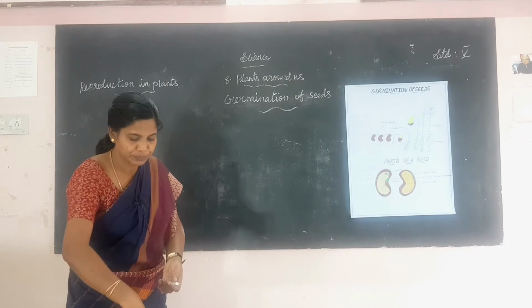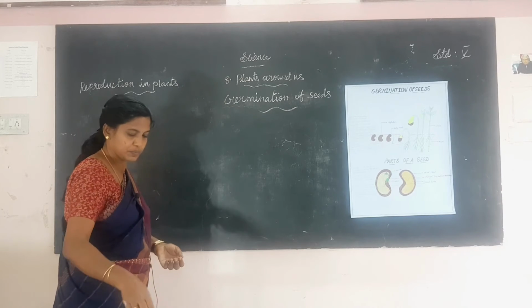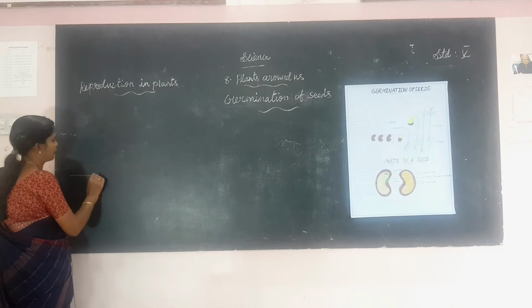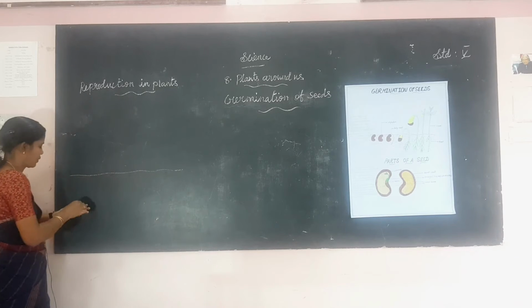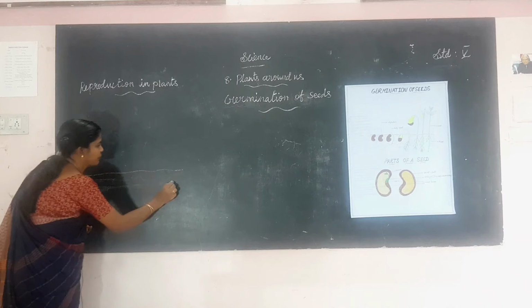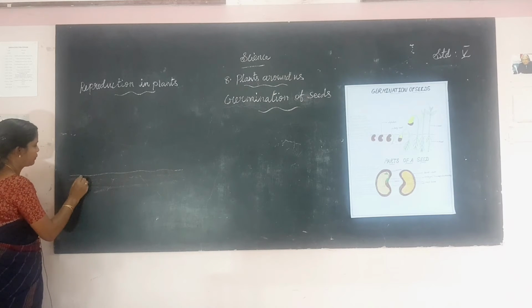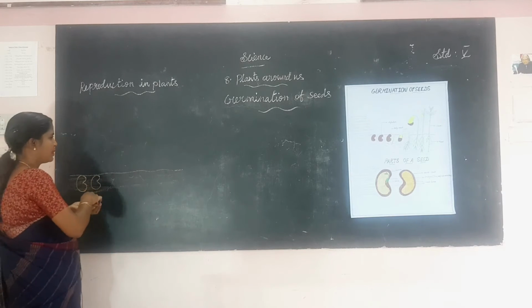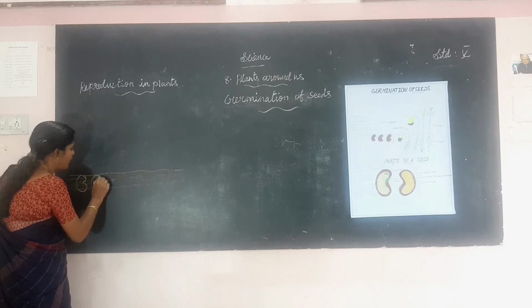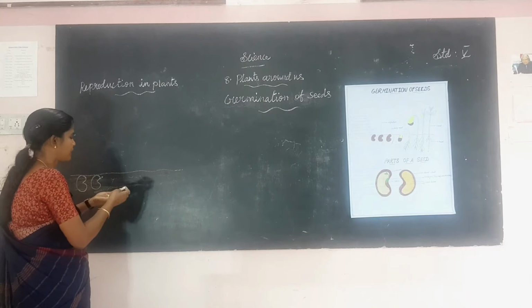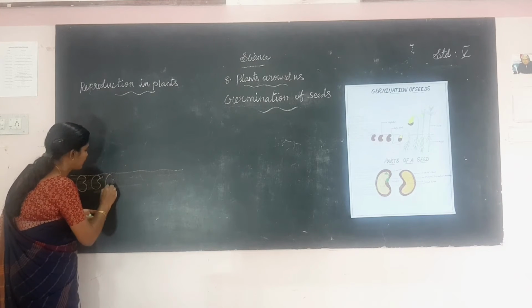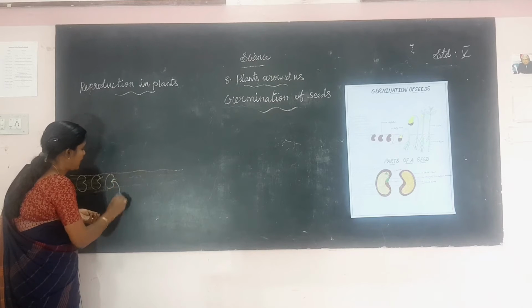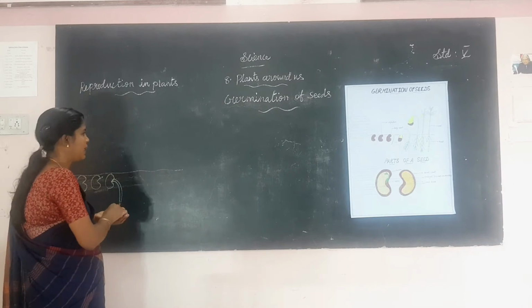Roughly draw the diagram: soil, seed, then the small root grows lightly, the baby root.